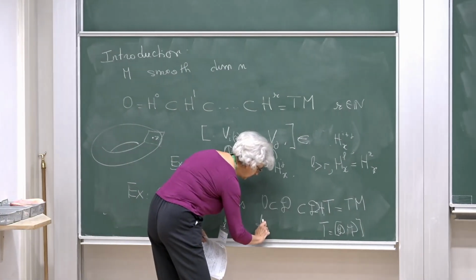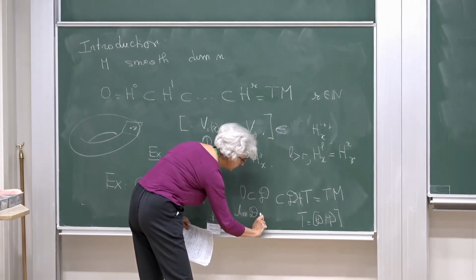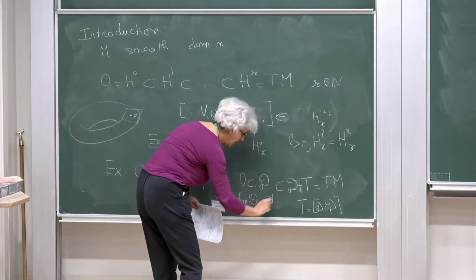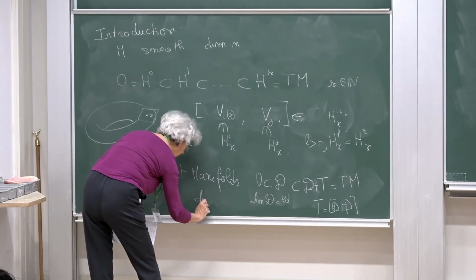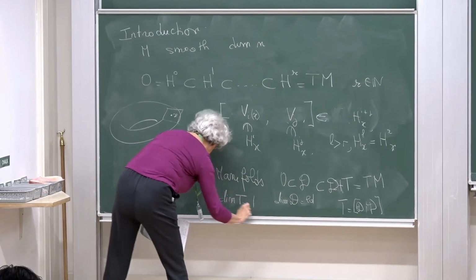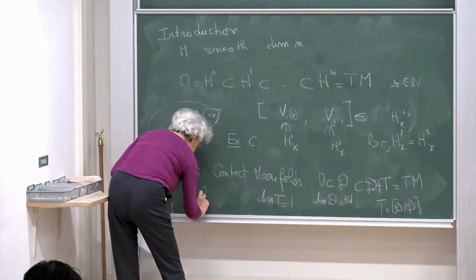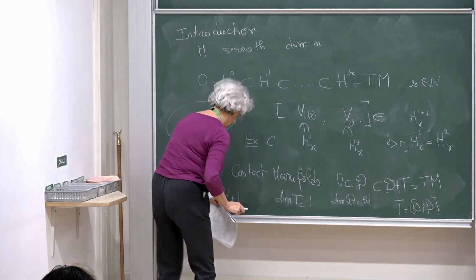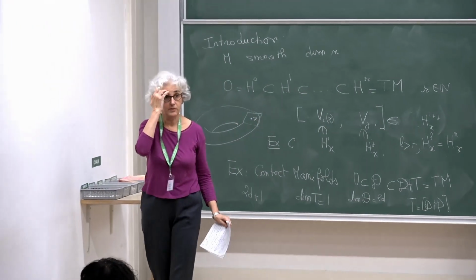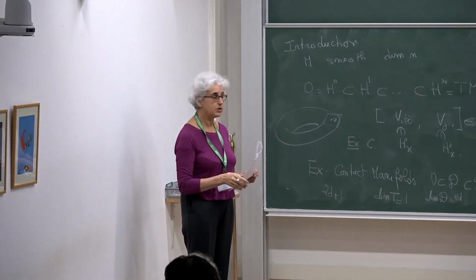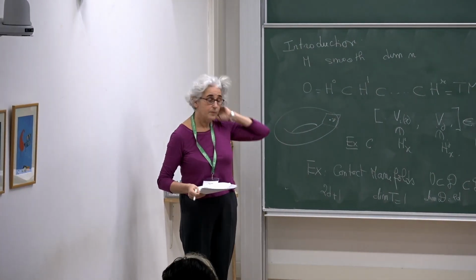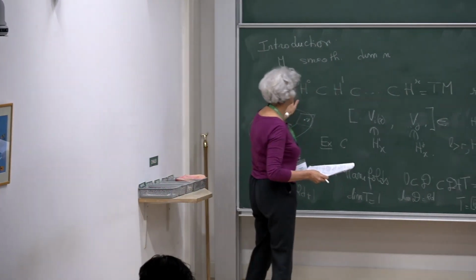The dimension here is something like 2d, and the dimension of T is 1, usually. So your contact manifold is of dimension 2d plus 1, an odd number. This is a sort of manifold which enters the range of filtered manifolds.